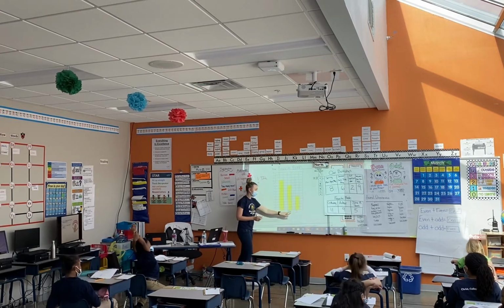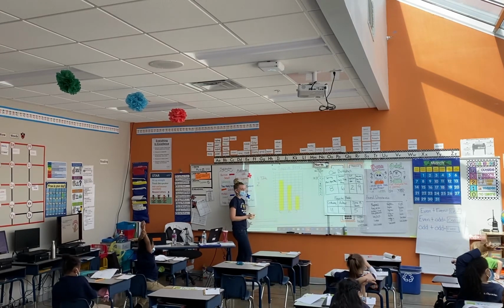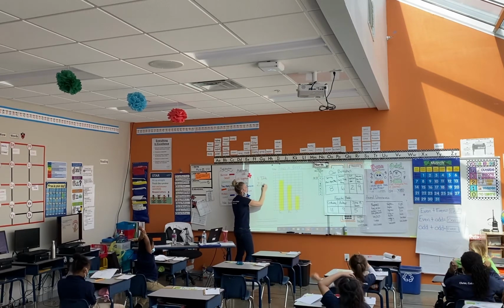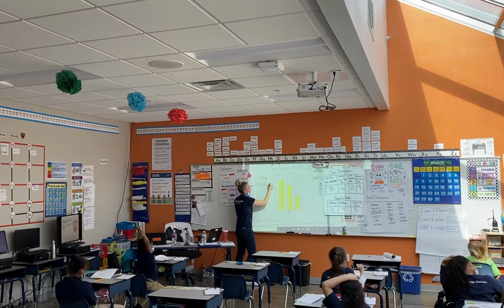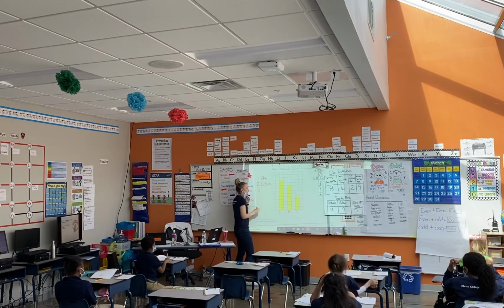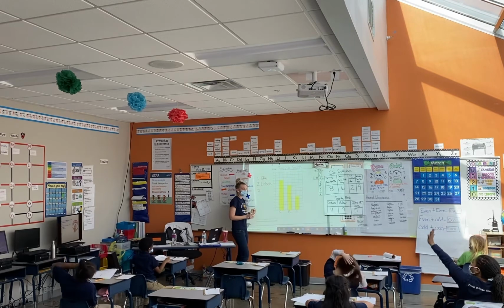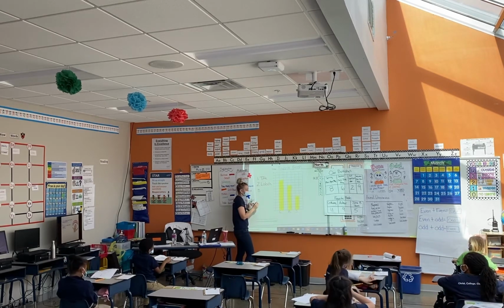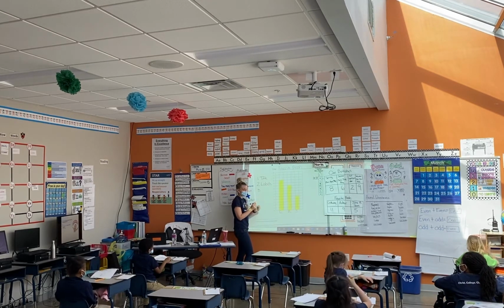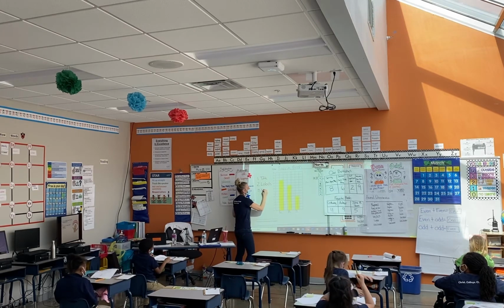The category. Yes, but we call them labels. So I'm coming around to check that you have labeled. Now for number 3, the last thing I'm coming around to check. What is this? Your number line, yes.